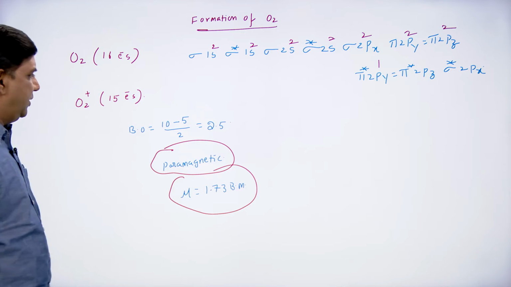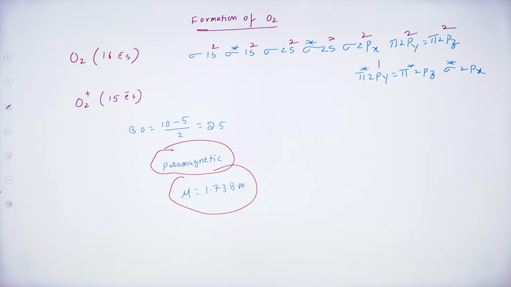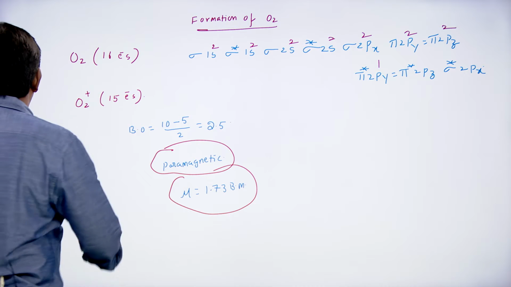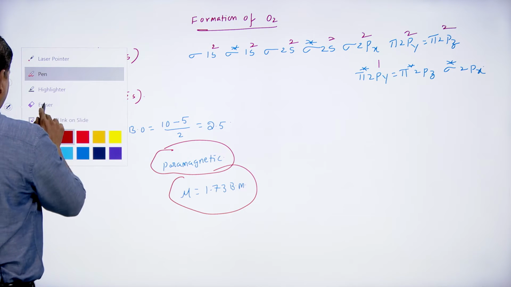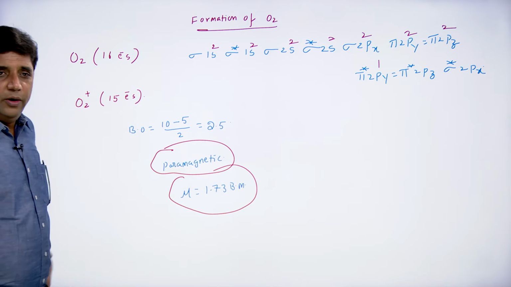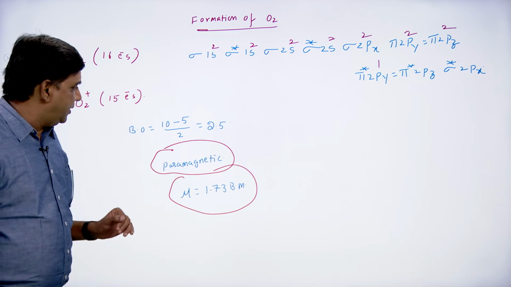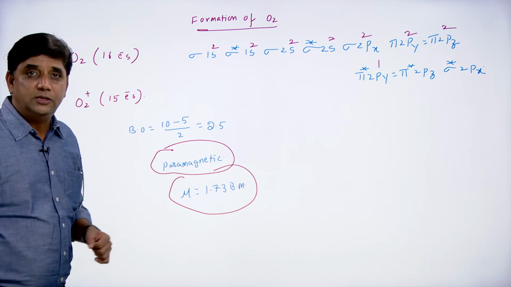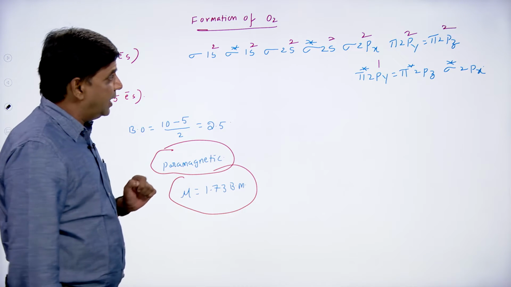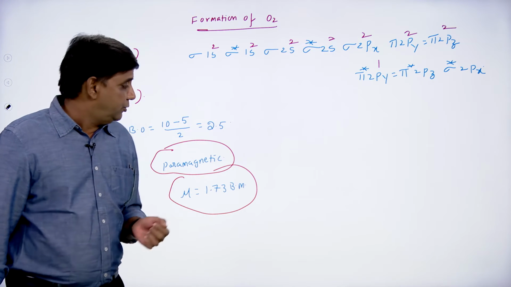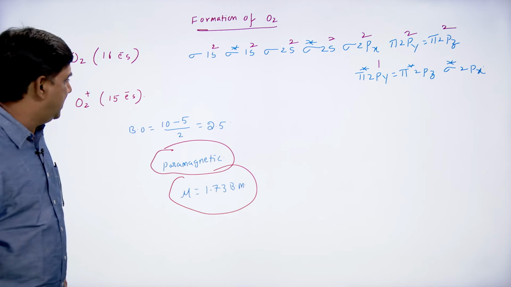Bond order is 2.5, paramagnetic in nature, and magnetic moment is 1.73 Bohr magnetons. Okay students, fine. Bond order is 2.5, paramagnetic because of the presence of an unpaired electron. As one unpaired electron is there, the magnetic moment is 1.73 Bohr magnetons.